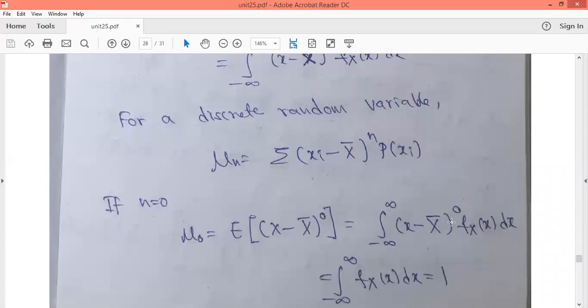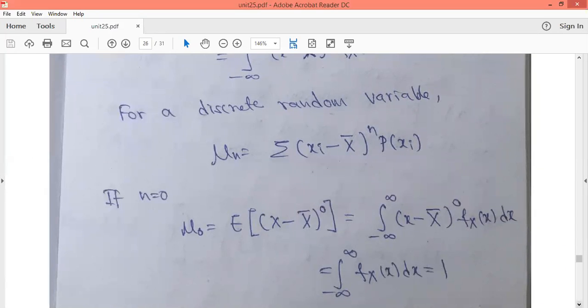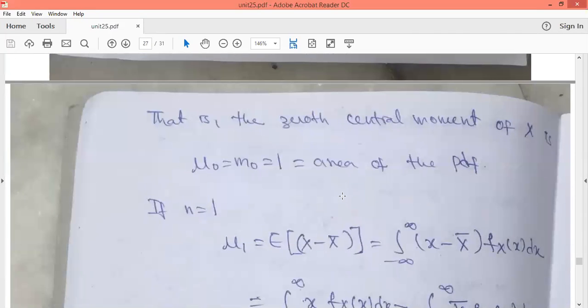So the 0th central moment, mu naught, gives us the area of the PDF, and its value is 1. From the previous case and the present case, we can say that mu naught is equal to m naught, which is equal to 1.